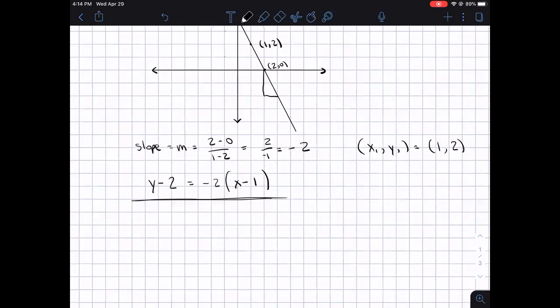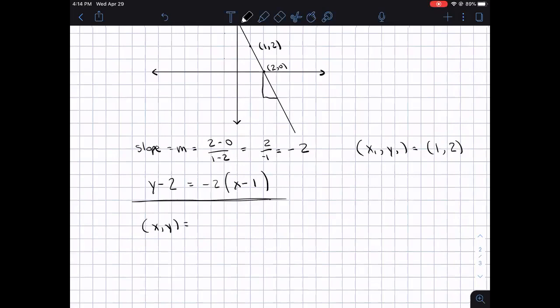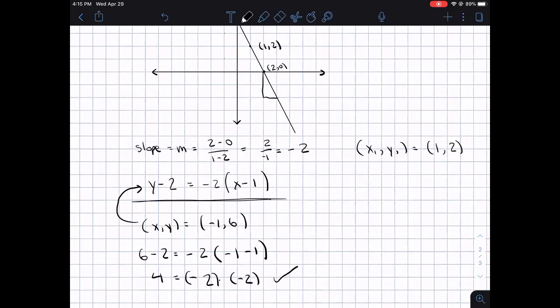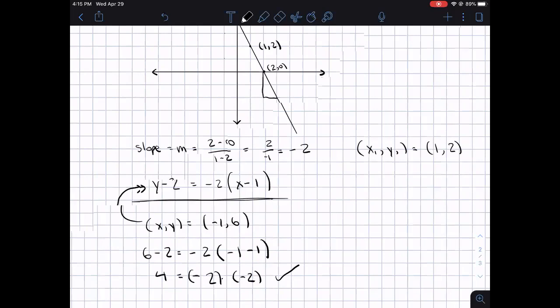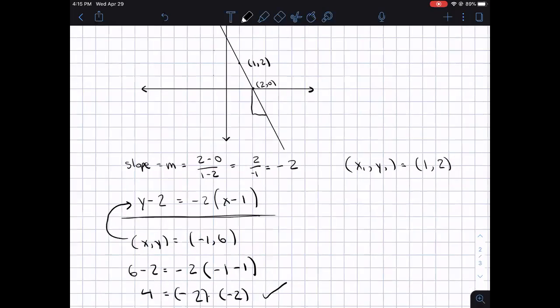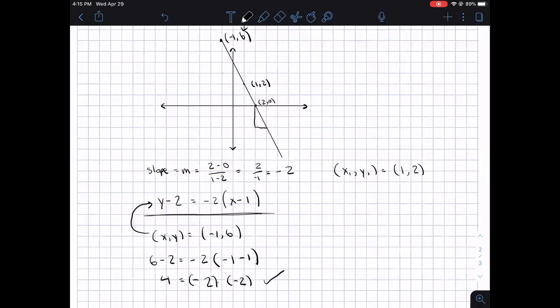So let x, y be negative 1, 6. Plugging this in, we have 6 minus 2 is equal to negative 2 times negative 1 minus 1. So this is 4 equals negative 2 times negative 2, and this is true. So this is how we know that the point negative 1, 6 lies on that line.